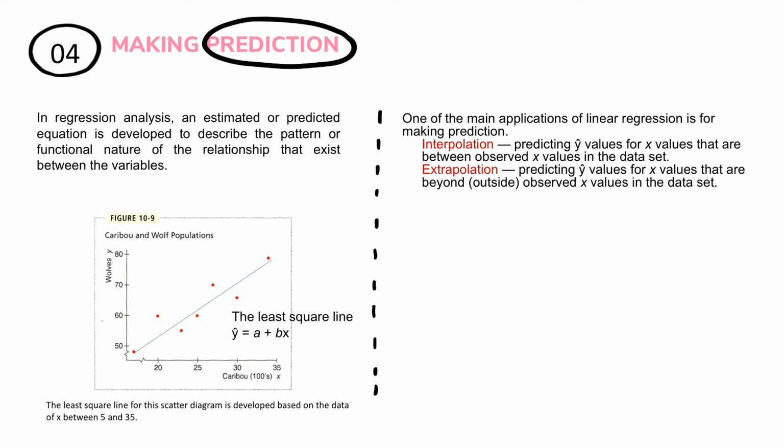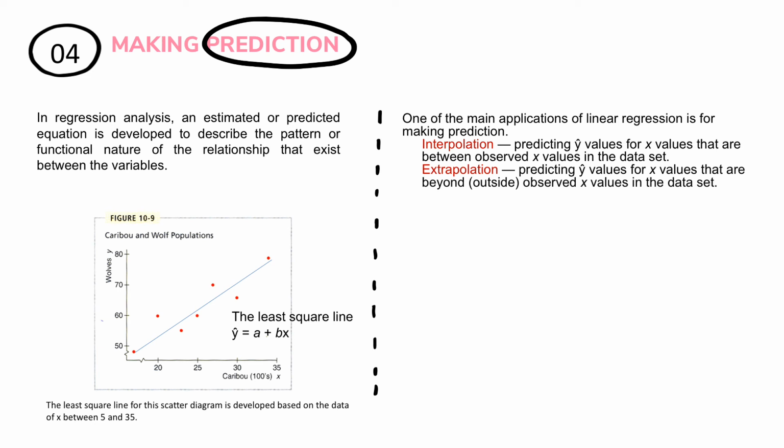Let's say we want to predict the y value when x is between this range, apart from the points that are on the scatter diagram. Let's say when x is equal to 15, we can just use the developed equation. Once we know what a and b are, we plug in the value of x equal to 15 and we will get the corresponding or the predicted y value. So that is what we call interpolation.